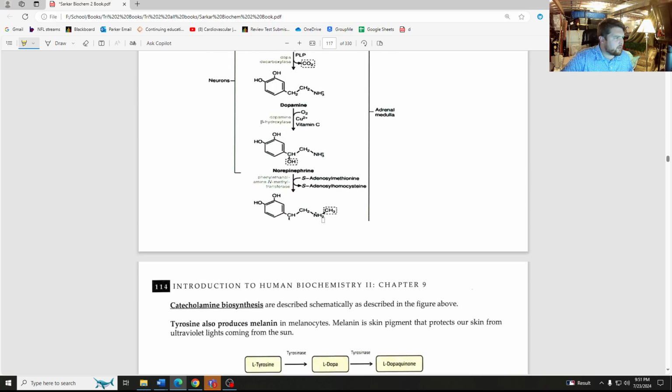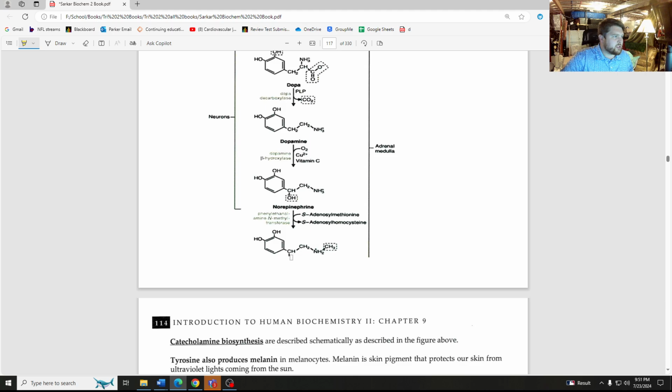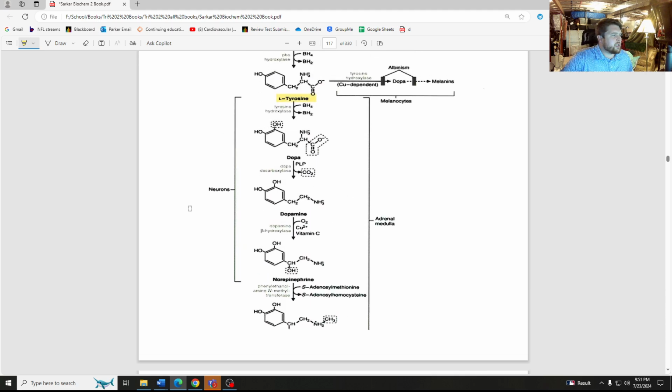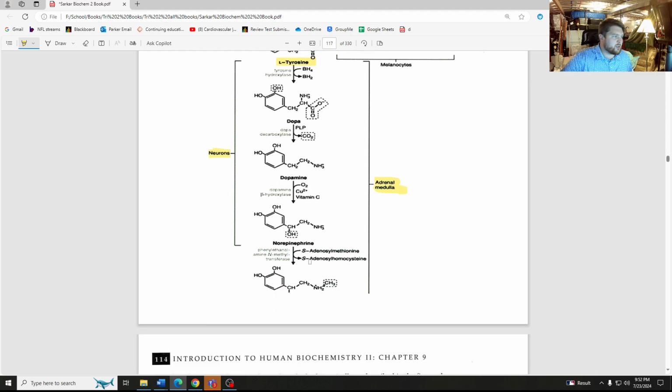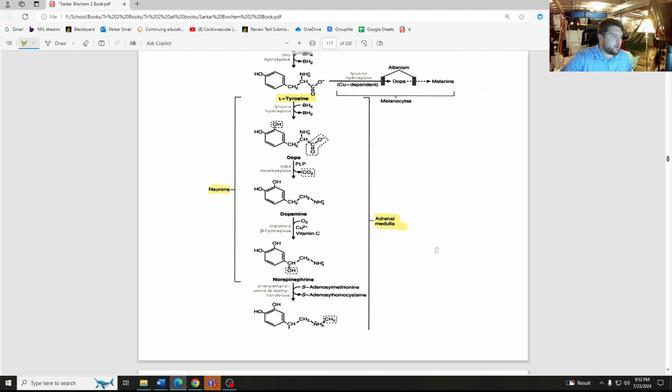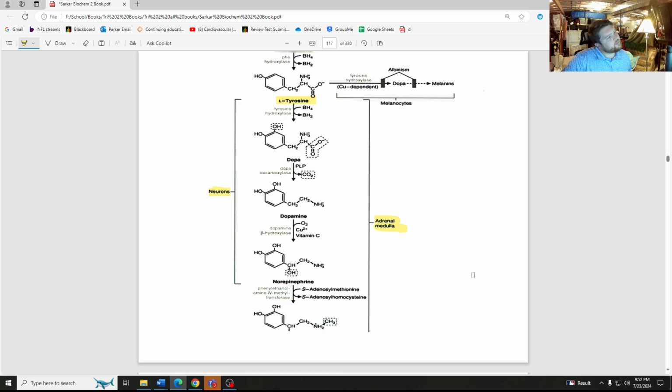I think it got cut off down here, but norepinephrine turns into epinephrine. And this is just telling the different locations of this. So in the neurons, we use dopa, dopamine, and norepinephrine. And then in the adrenal glands, we have all of these as well, especially the norepinephrine and the epinephrine, which our adrenal medulla is releasing both of those.